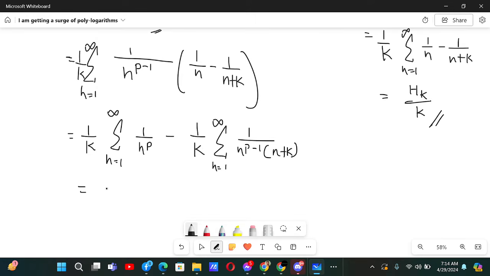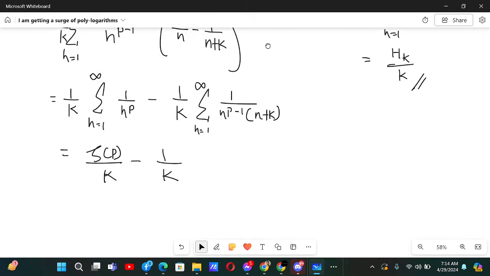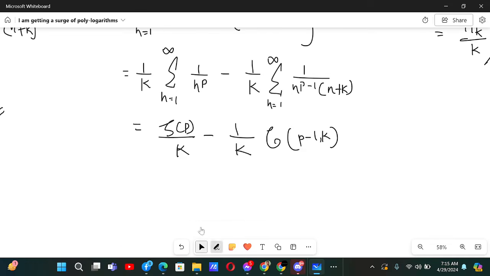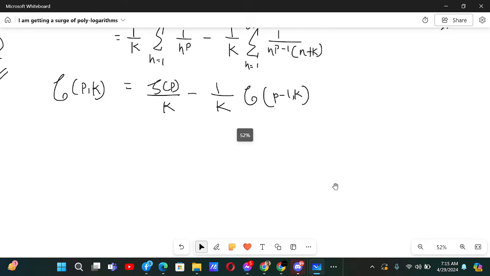So we have Riemann zeta of p by k, minus 1 by k times our beloved function with input p minus 1 and k. That's good. So now we have a recurrence relation between the function of p comma k and p minus 1 comma k. Now we can use this to find other terms as well, down to 1.